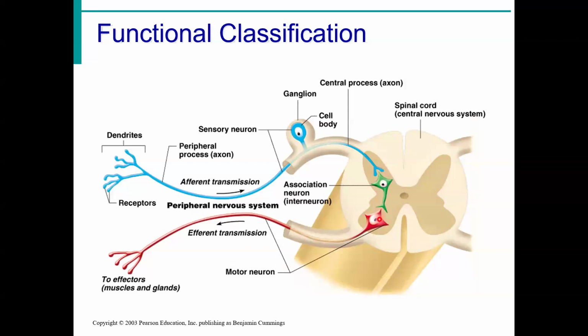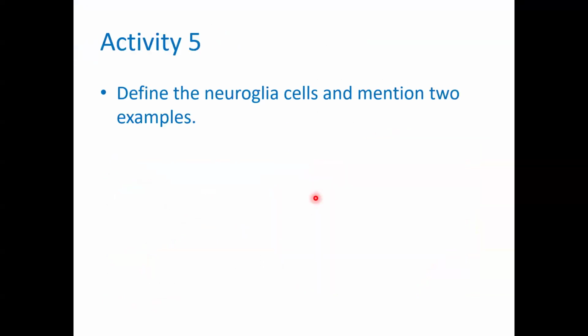Then I have in red the efferent or motor neurons that carry impulses toward the muscles and glands. And look at the third type of neurons within the central nervous system in green color here. I call them interneurons, or sometimes the textbooks prefer association neurons.